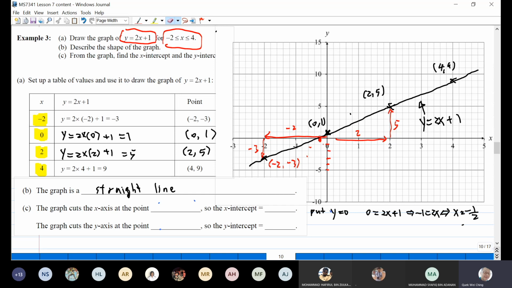So this point is x equals -half, y equals 0. So you cut the x-axis at (-half, 0). You can see from the graph. And if you draw the graph accurately, you will be able to find that it's -0.5.